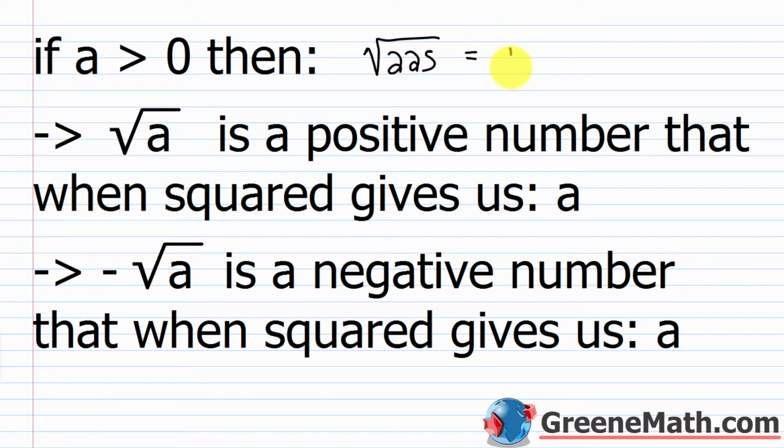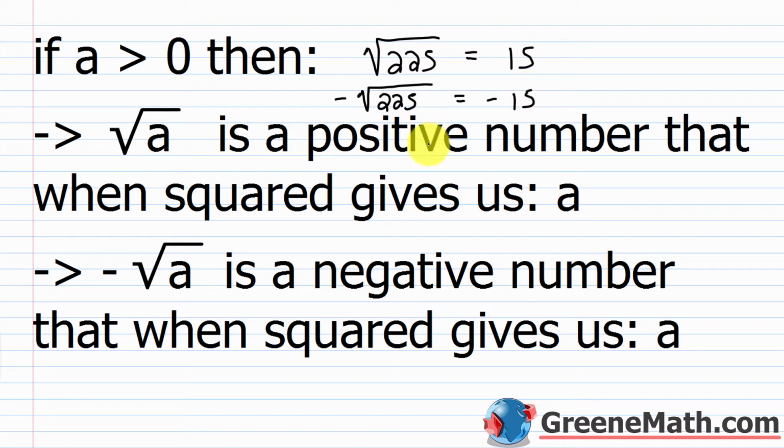In this case, this is 15, because 15 times 15 would give me 225, or that number that's inside of that symbol, back. Now, we have that negative outside in front of the symbol here. Negative square root of a is a negative number that when squared gives us a. So this is a, the number inside of here. So if I did negative square root of 225, the answer here would be negative 15.